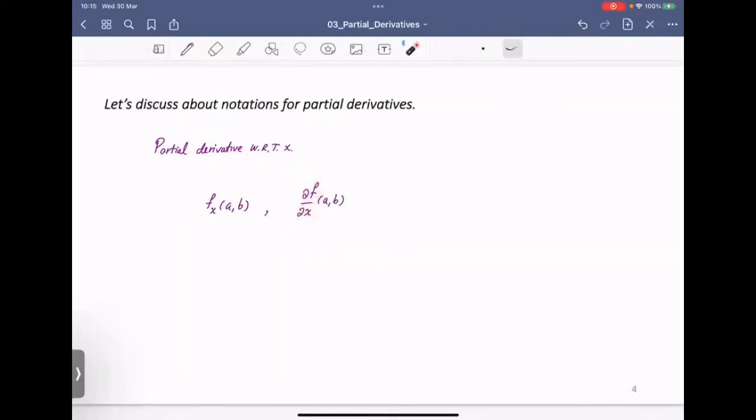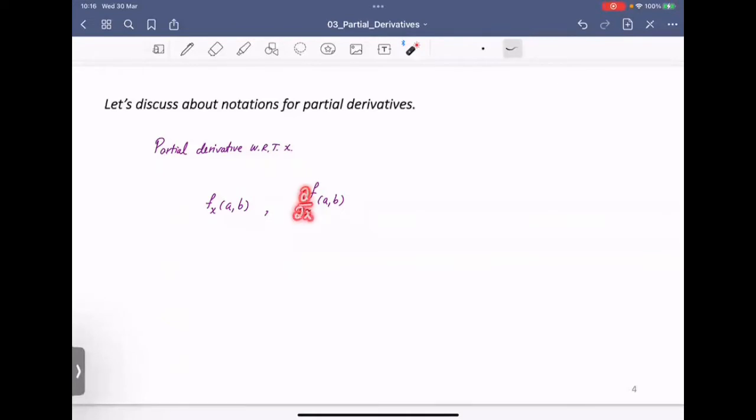It's the same idea as what you did in Cal 1, you use df by dx. If you are talking about one dimension, you're going to use the standard d, the straight d. But if you are talking about 2 dimensions, people are going to use the curvy one, so you know that this is a partial derivative in 2 dimensions.